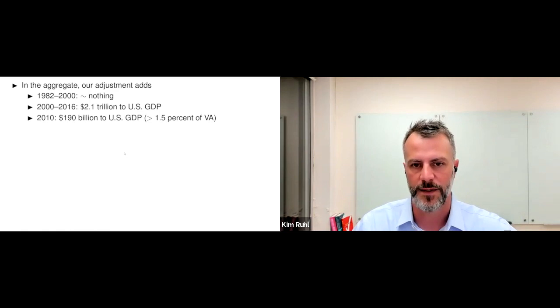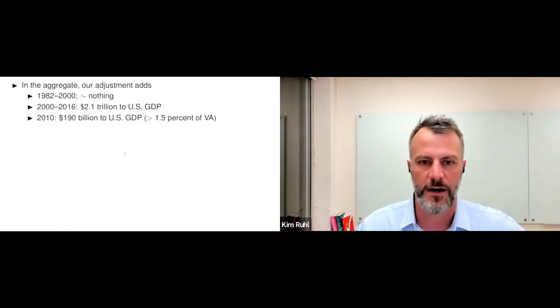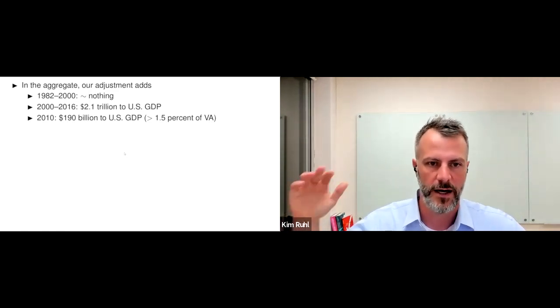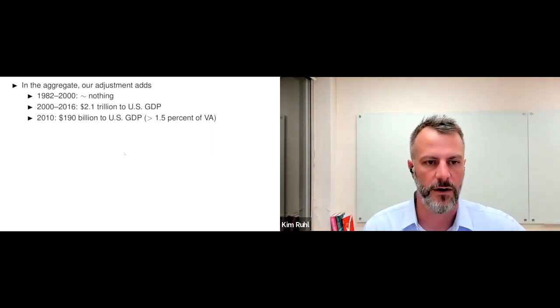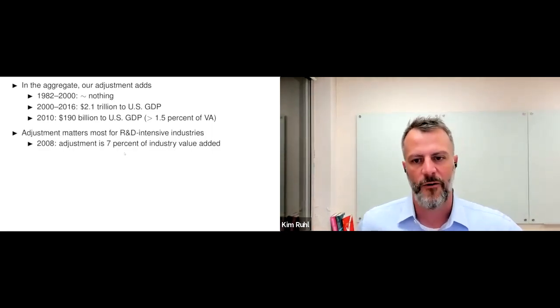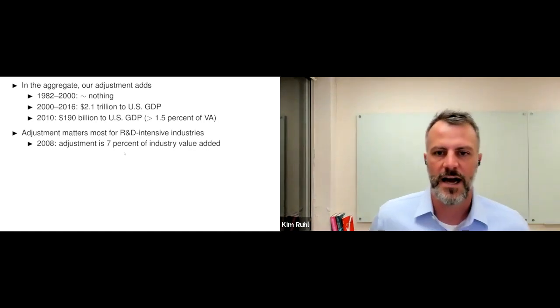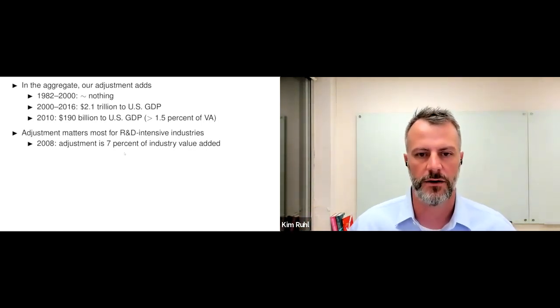And that works out to be about 1.5% of business sector value added. So the numbers can be fairly large. Now, what I'll show you later is that this is not uniformly spread across the economy.